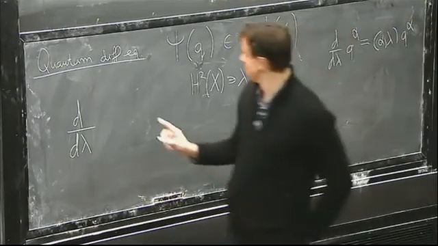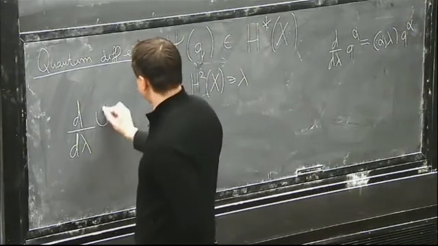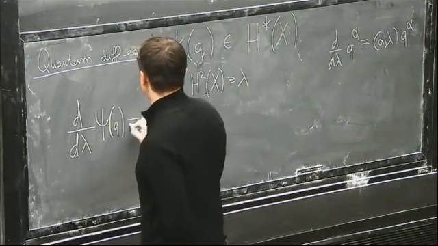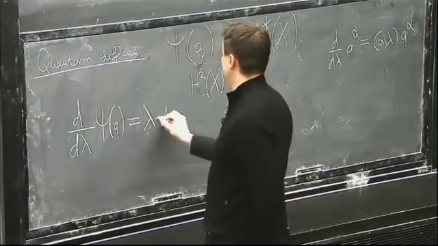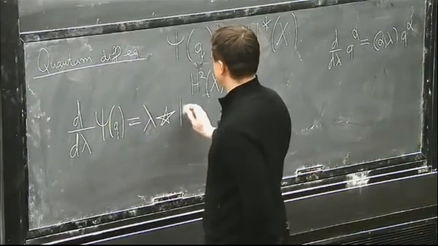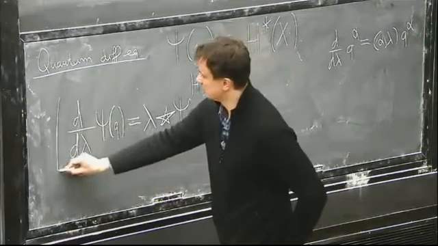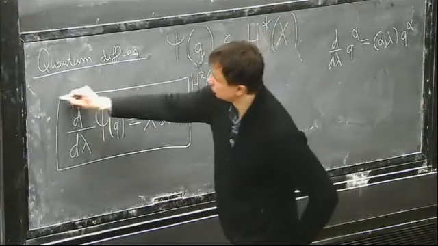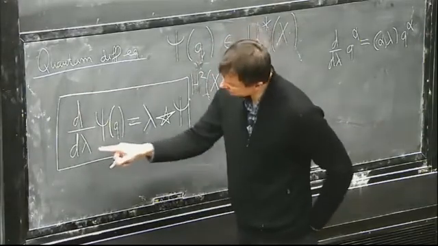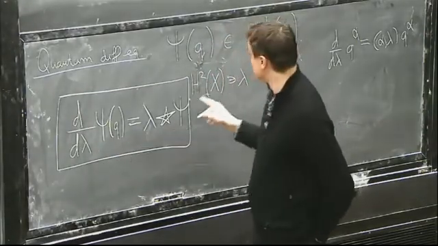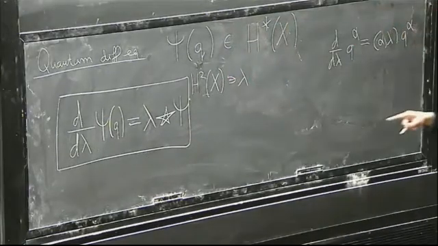And so of psi of q, that is lambda times psi. It's a linear ODE. No, it's not. It's a linear partial differential equation, because you can differentiate in any direction here.